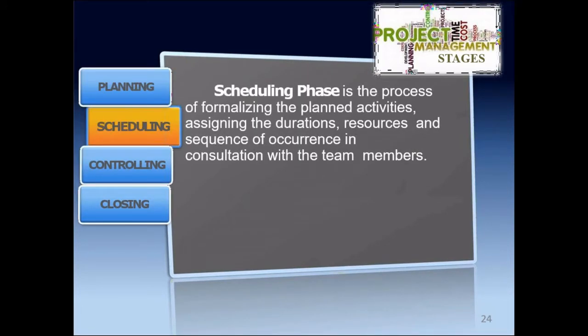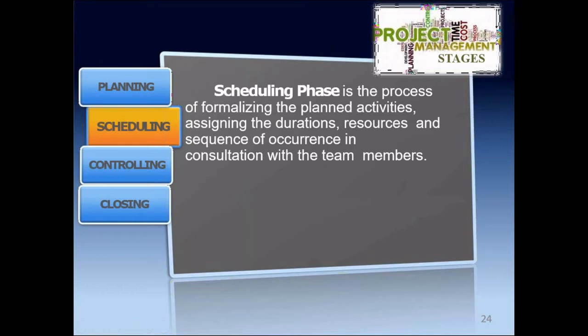Scheduling is the second phase. In this phase, the process of formalizing the planned activities, assigning duration, resources, and sequence of occurrence in consultation with team members is done. What is the meaning of this? We are going to plan activities, and we are going to assign duration.